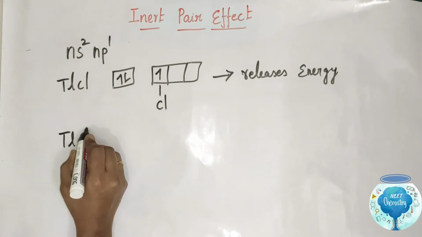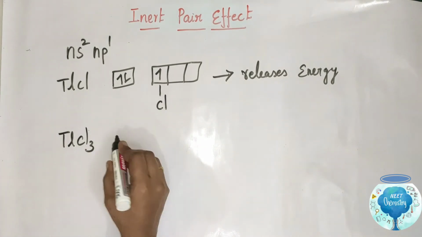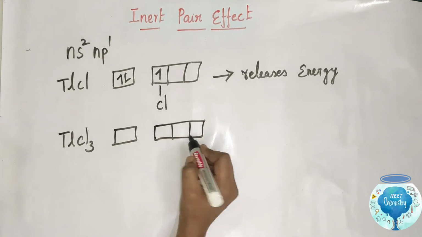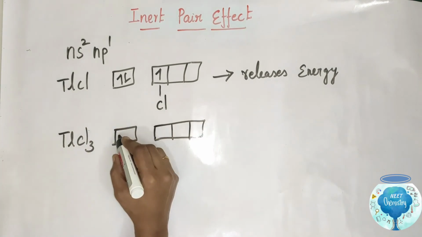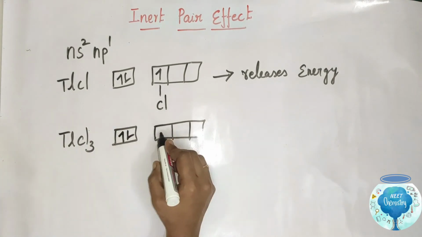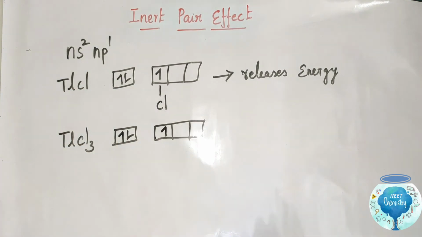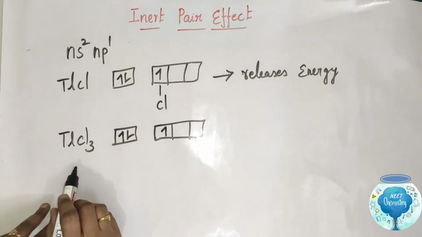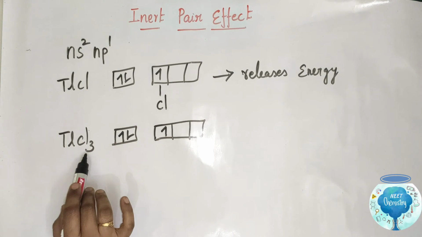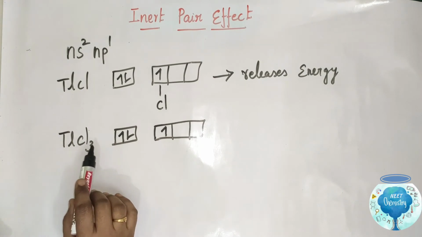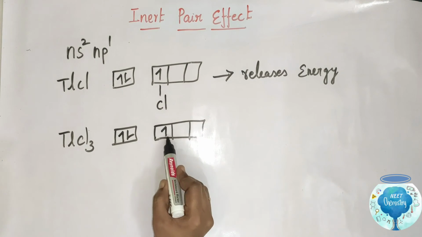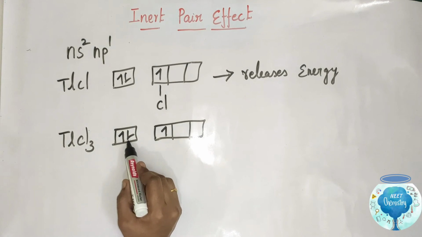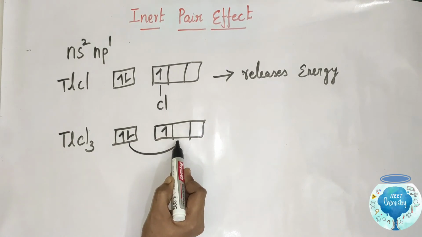Consider the example of thallium trichloride. Thallium has 2 electrons in the s orbital and only 1 electron in the p orbital. For bonding with 3 chlorine atoms, we need 3 unpaired electrons, but we have only 1. So one electron jumps from the s orbital to the p orbital.